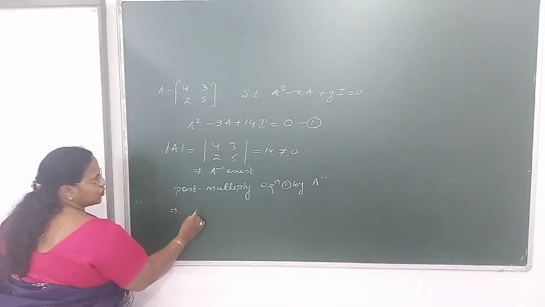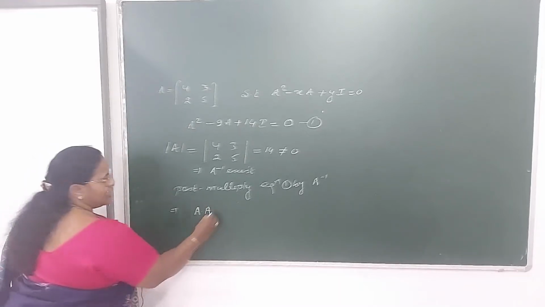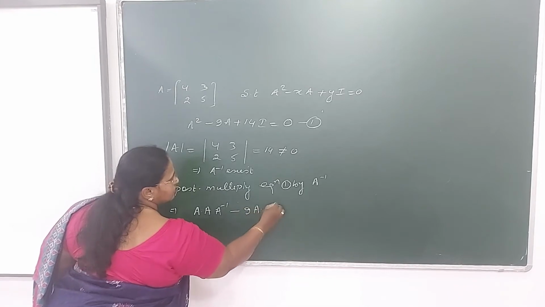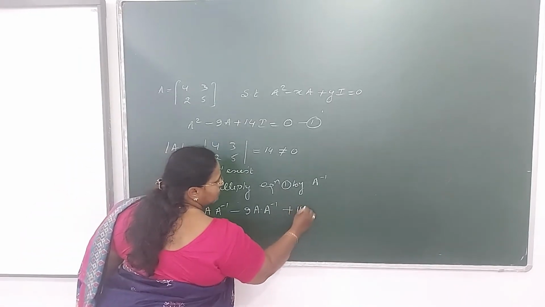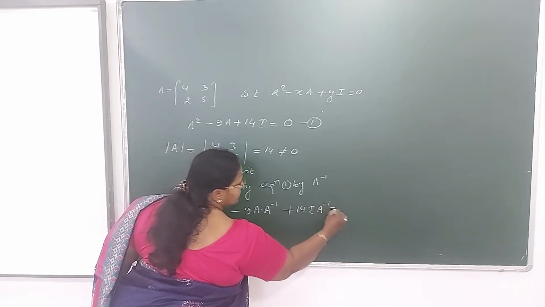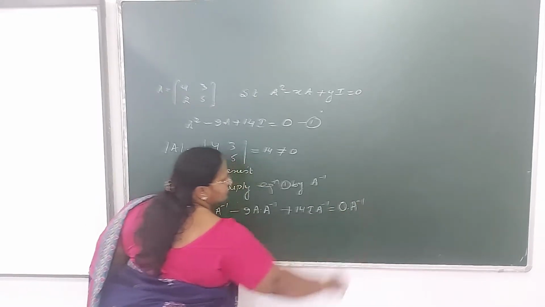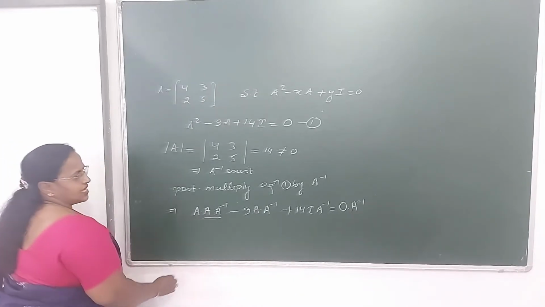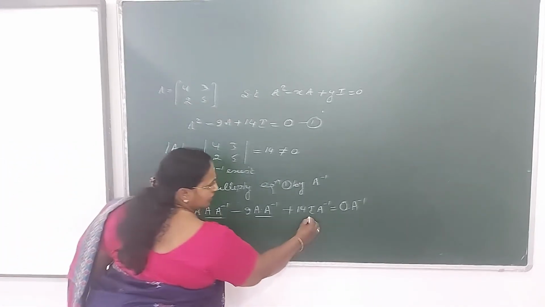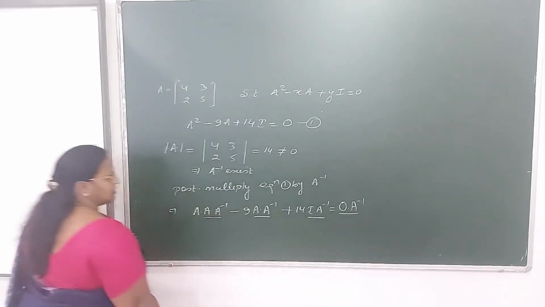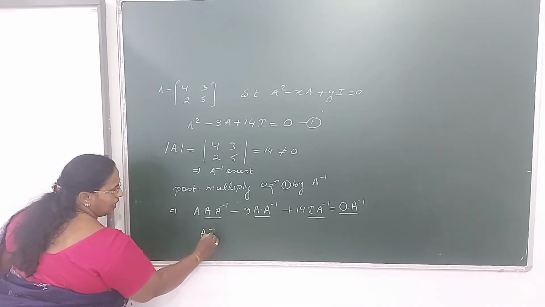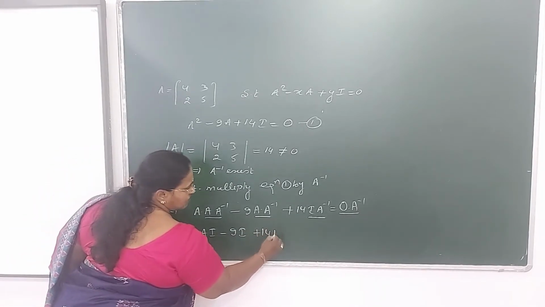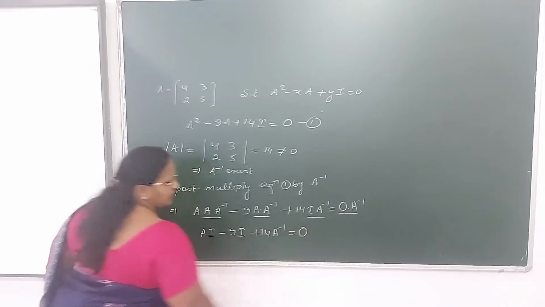So what you will get? A square you can write as A into A inverse minus 9 times A into A inverse plus 14 times I into A inverse, and this is equal to the null matrix into A inverse. Now we'll be using the concept. A into A inverse is identity, here also identity, here A inverse, this is the null matrix. So I A minus 9 times I plus 14 times A inverse is equal to the null matrix.